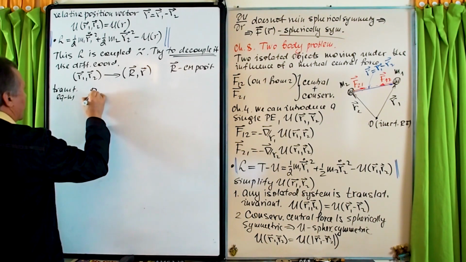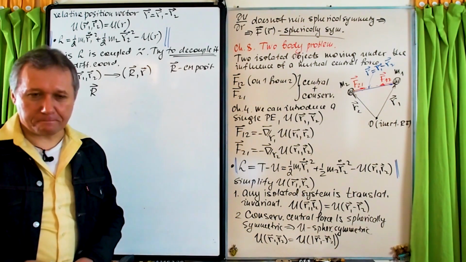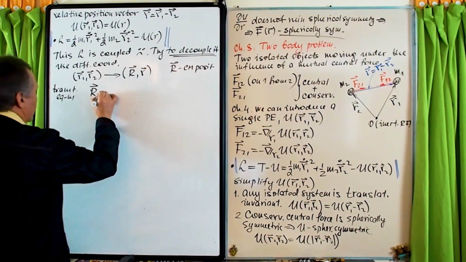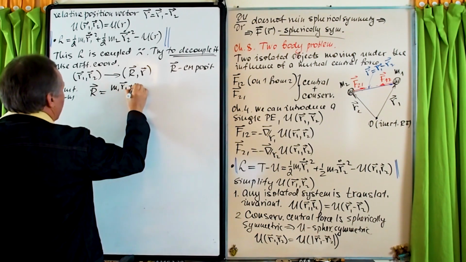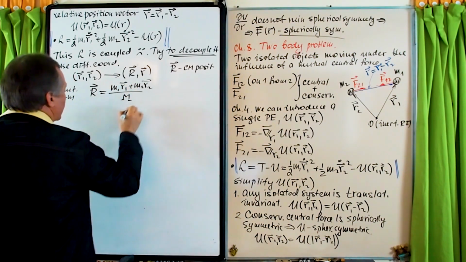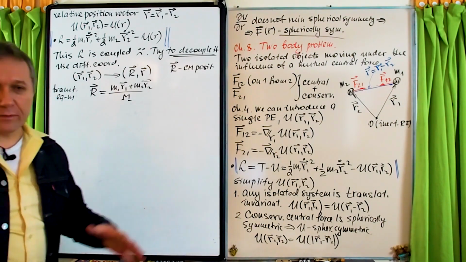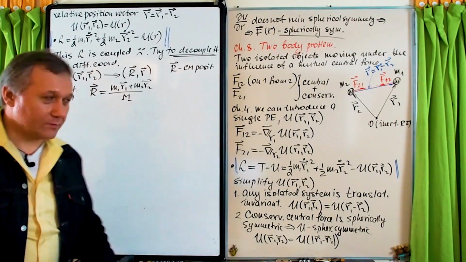So first, it will be R equals m1 r1 plus m2 r2 divided by the total mass of the system. It allows us to move from r1 and r2 to R capital and r small.